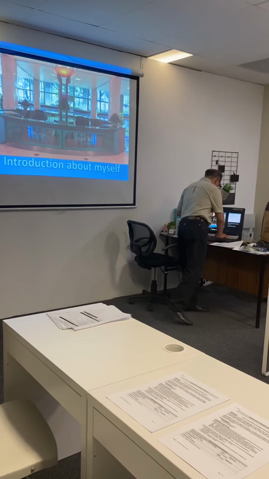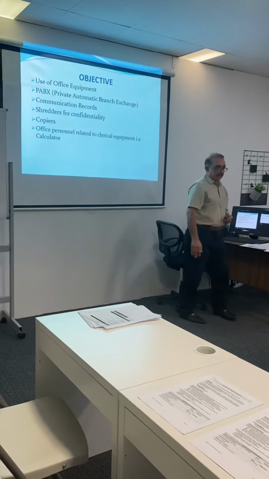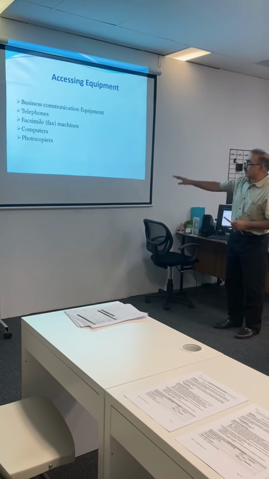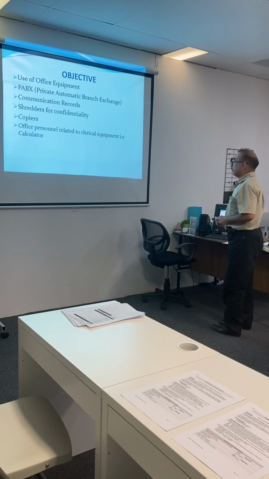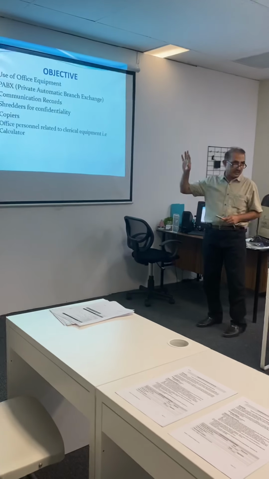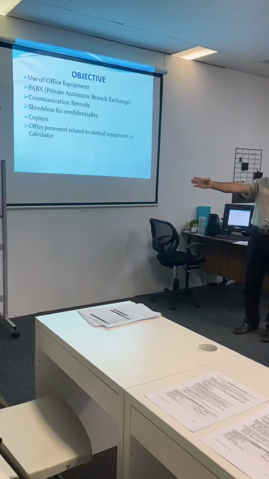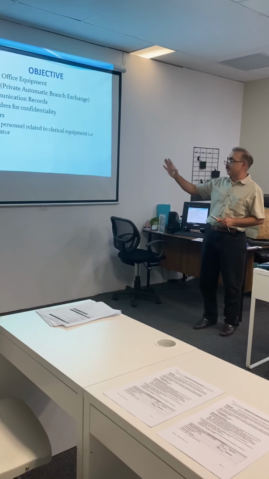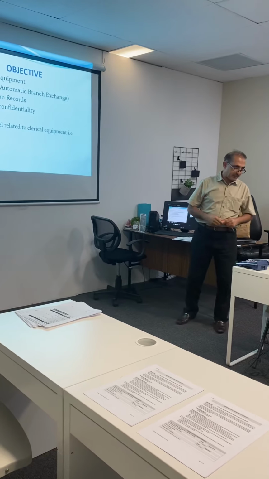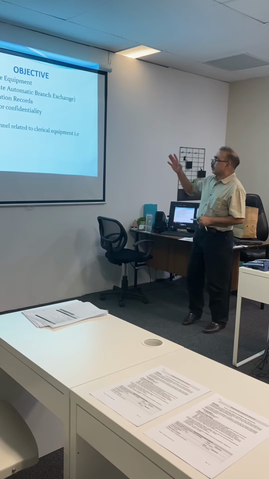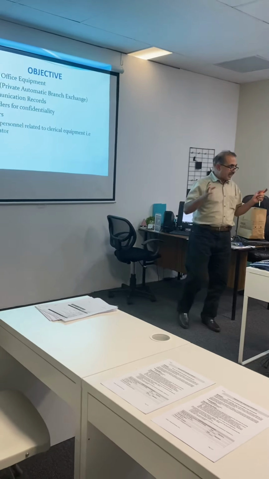So first of all, I'm just going to tell you about the use of office equipment. You very rightly named the equipment, and now we are showing you how we're going to use these office equipments. So anybody have any idea about PABX?